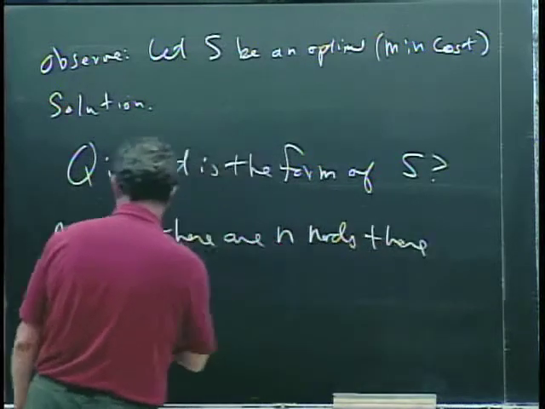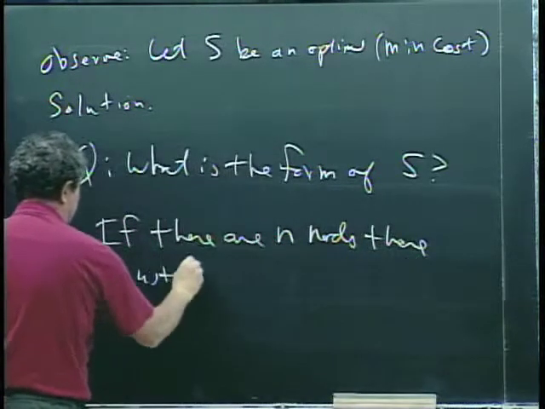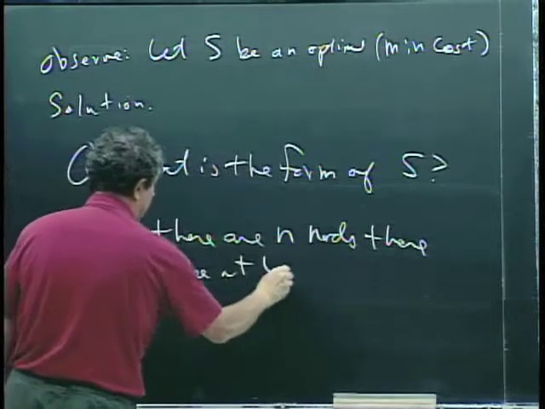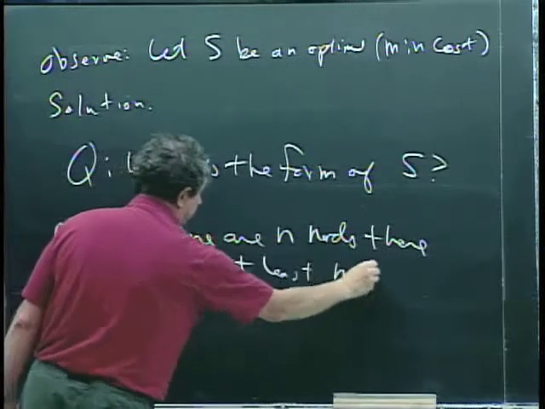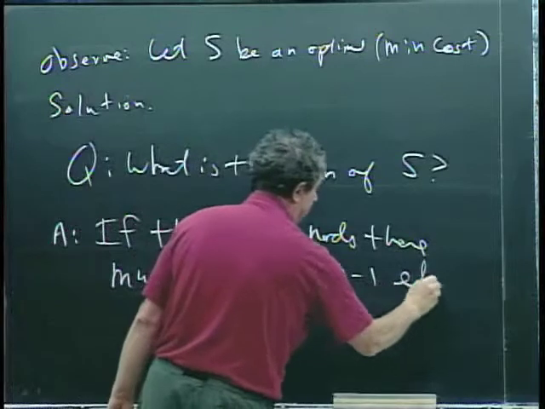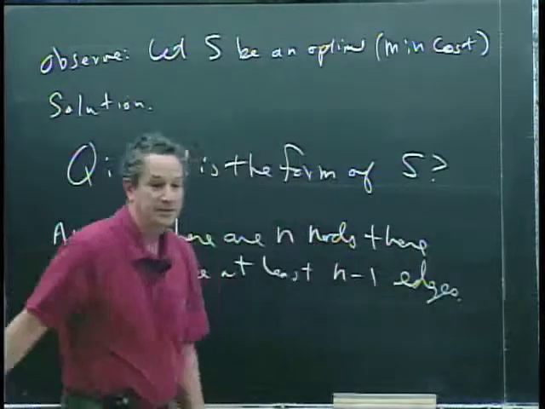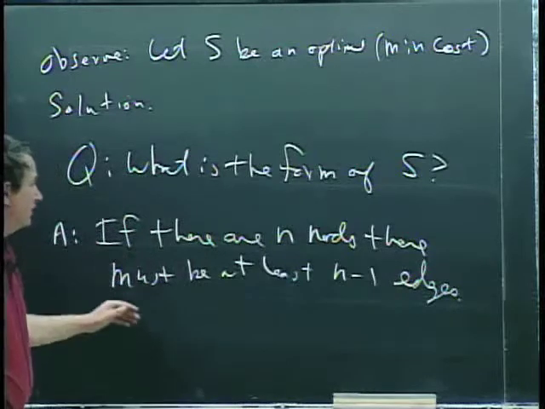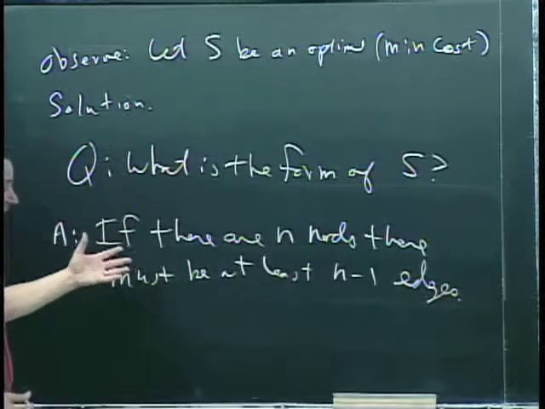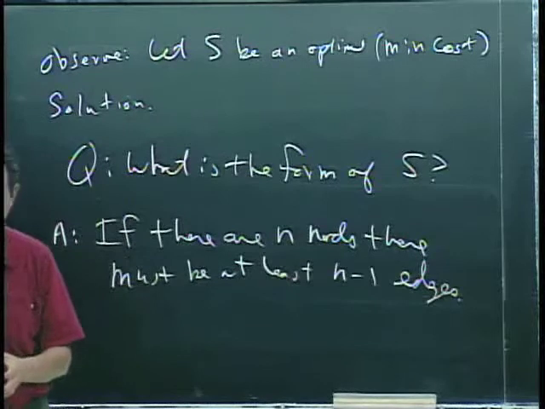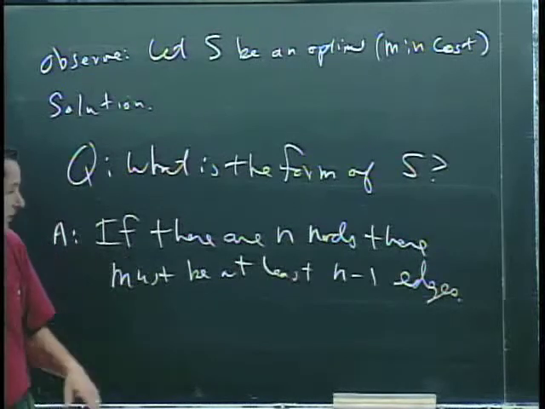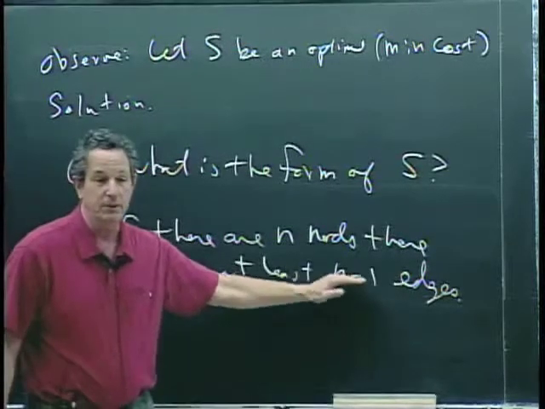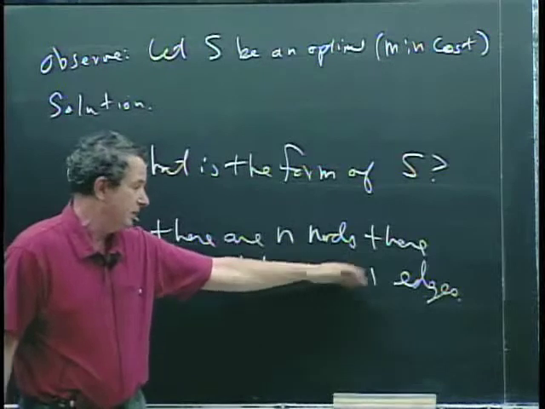There must be at least n minus 1 edges, because you all remember from some previous class that introduced a little bit of graph theory that if you have a graph that has n nodes and it's connected, there have to be at least n minus 1 edges. That's what's being referred to. So at least n minus 1 edges.